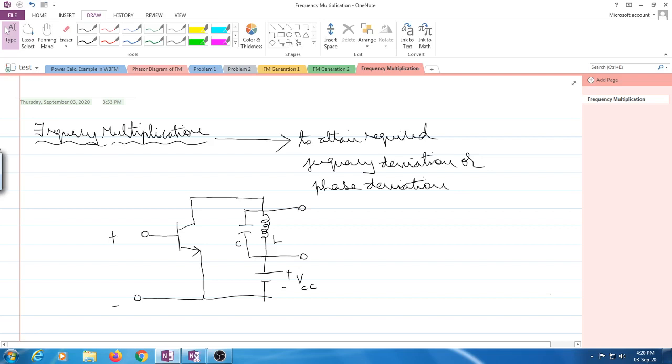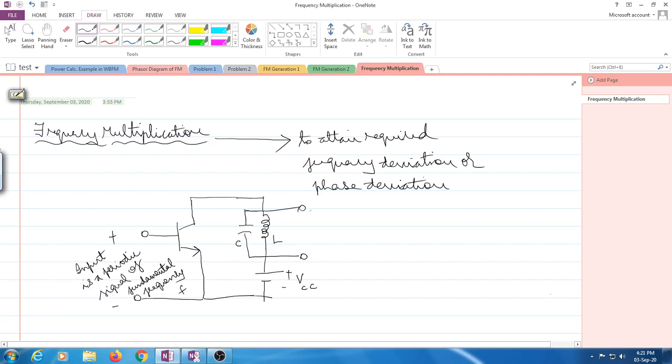Input is a periodic signal of fundamental frequency f.